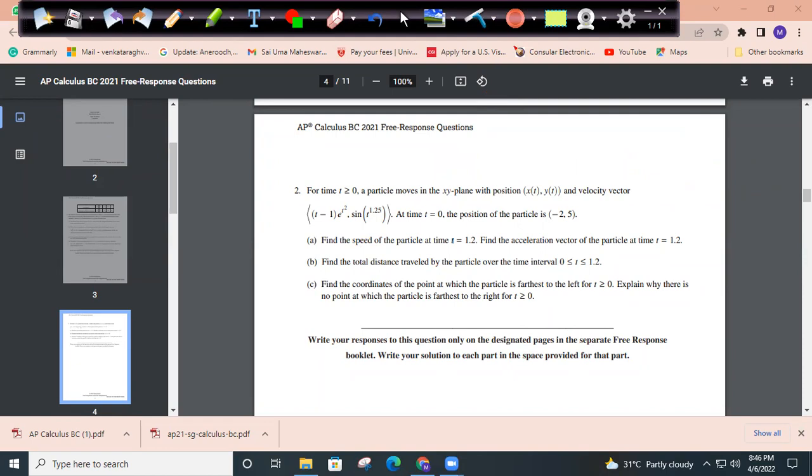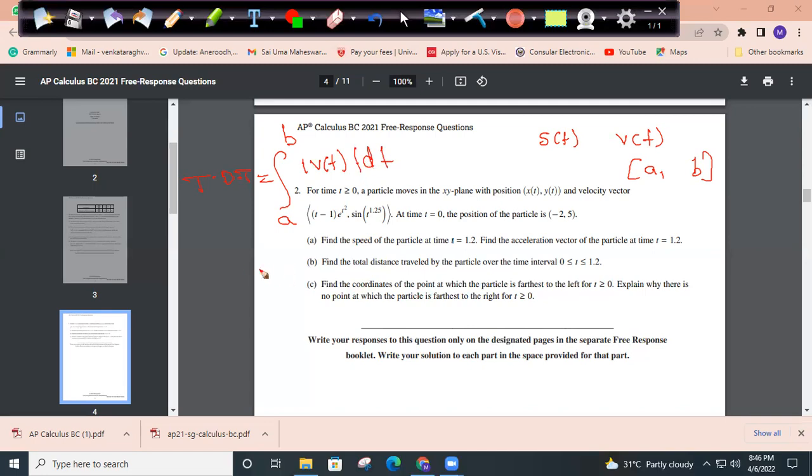Now I need to find what is the total distance traveled by the object. So how do you find it? When I explained this concept, I told you that if I know the speed or the velocity of the particle, the total distance traveled by the particle from A to B is given by the integral from A to B of modulus of v of t dt.